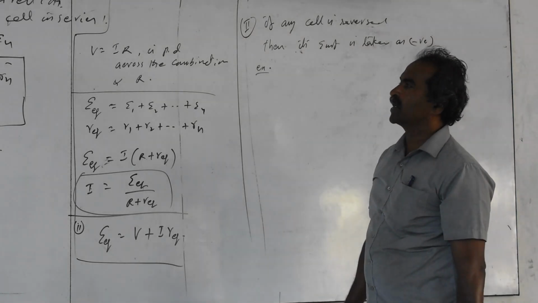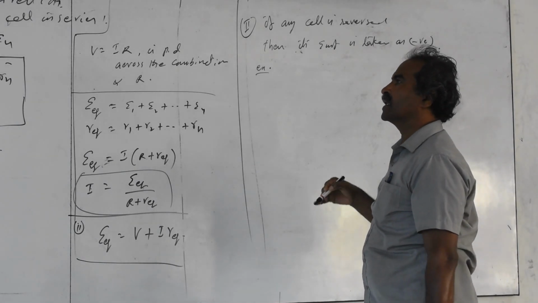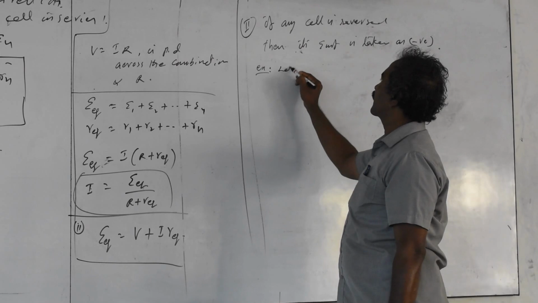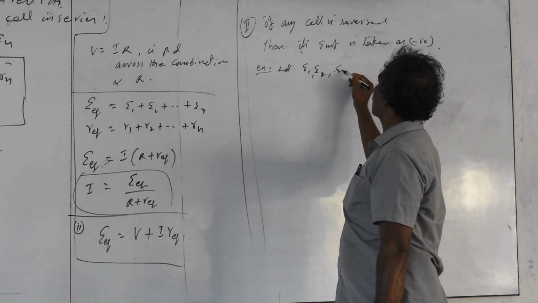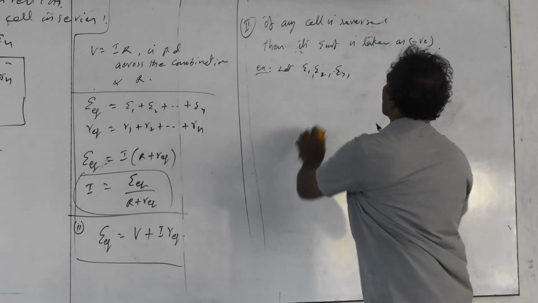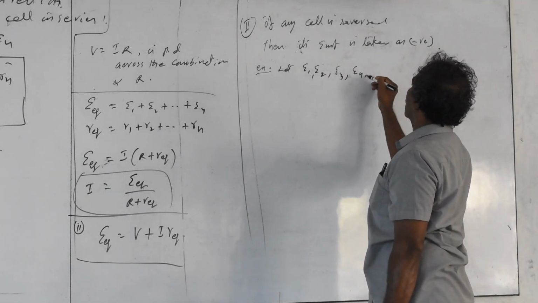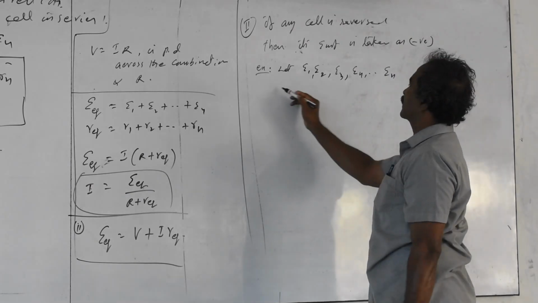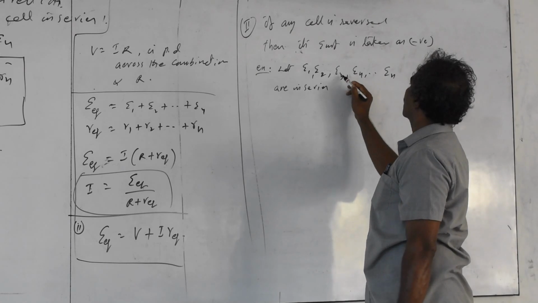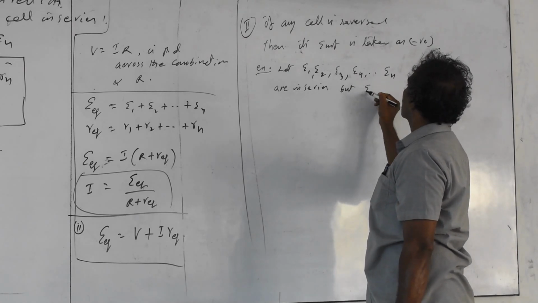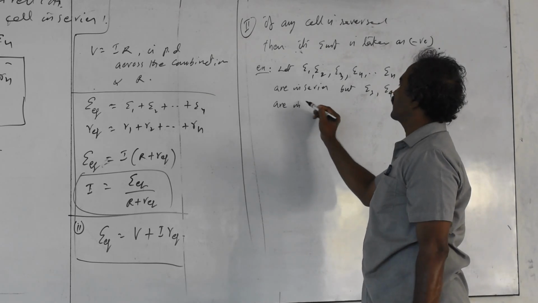n cells E1, E2, E3 are connected in series and E2, E3 are taken in reverse order. Let E1, E2, E3, E4 and so on, En be in series, but E3, E4 are in reverse order.